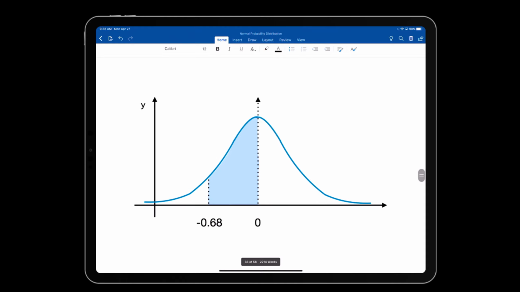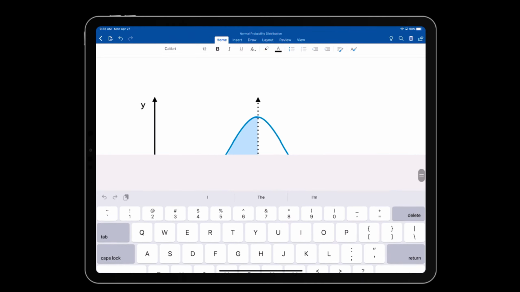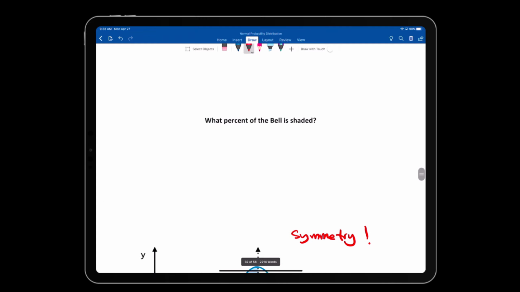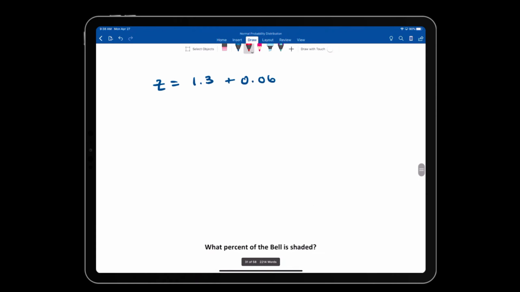Negative 0.68. You guys already know. What do we do? Use symmetry. I bet I did this one already too. 0.68.